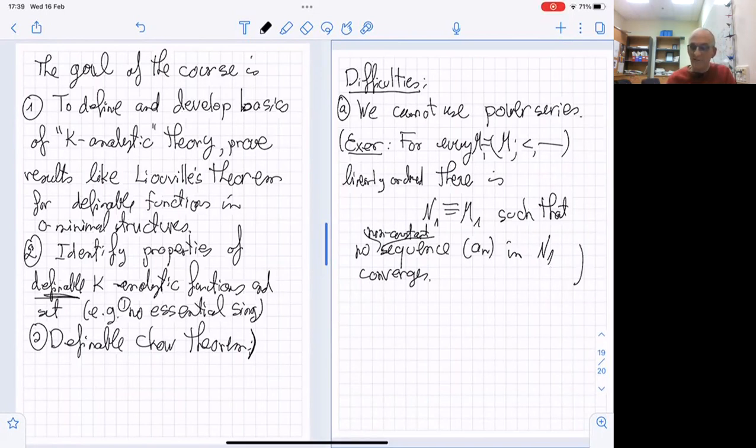power series. And the other tool, of course, of complex analysis is integration. And we cannot use integration.